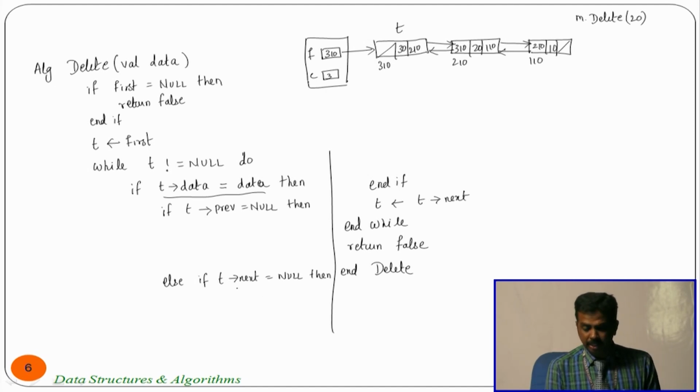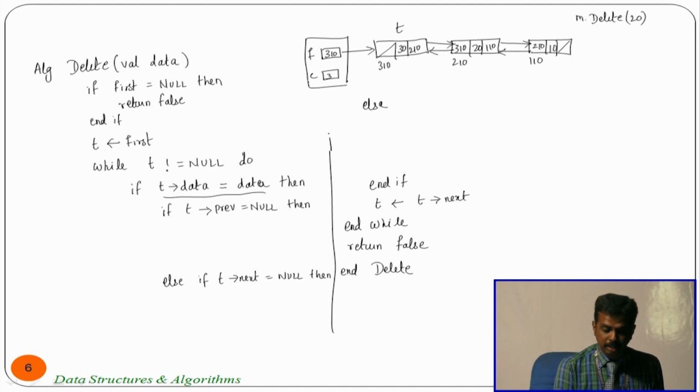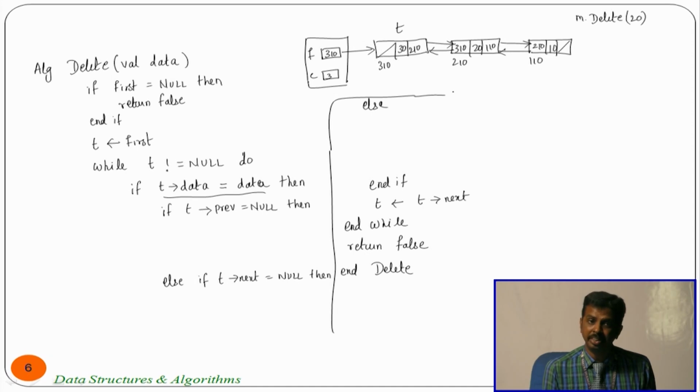Else if means, if the previous is not null, then you check whether the next is null. If the next is null, it is the last node. So, what is the procedure to delete the last node? And the third case is the else: by default, the third case, it is an intermediate node.